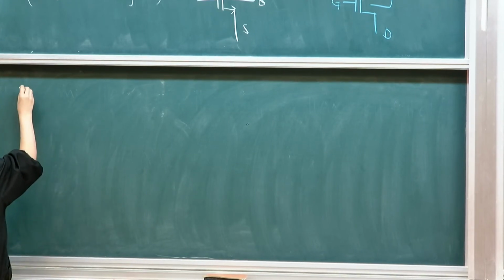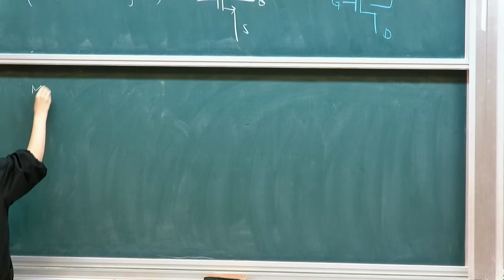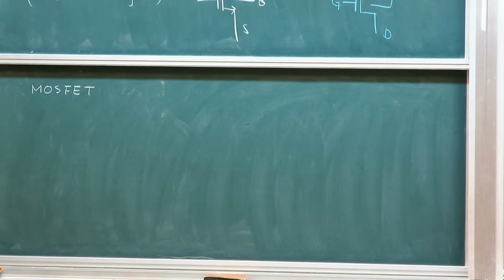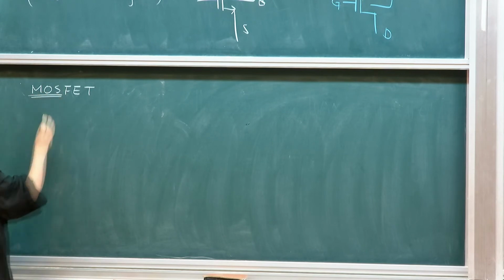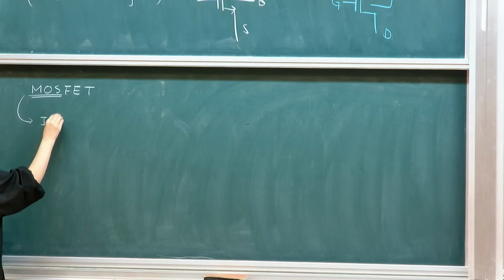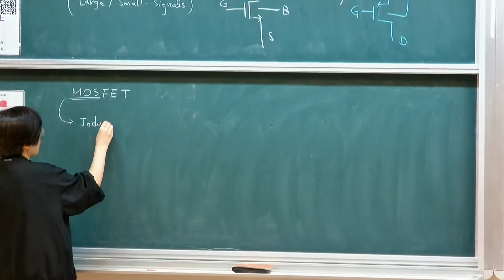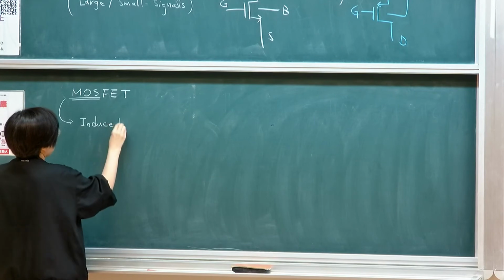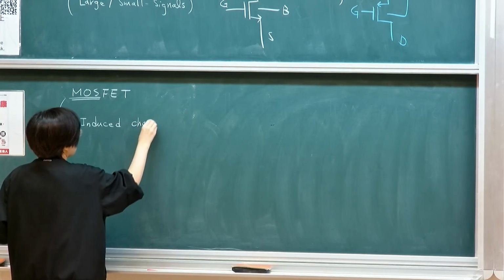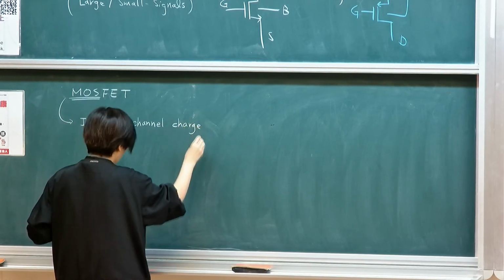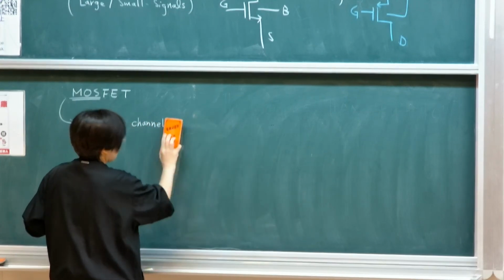So for the operation, there's actually 2 things, I should say. As I highlighted in the naming of this device, first of all, it's a MOS structure. And the MOS structure is to induce channel charge, or I should say channel carriers.